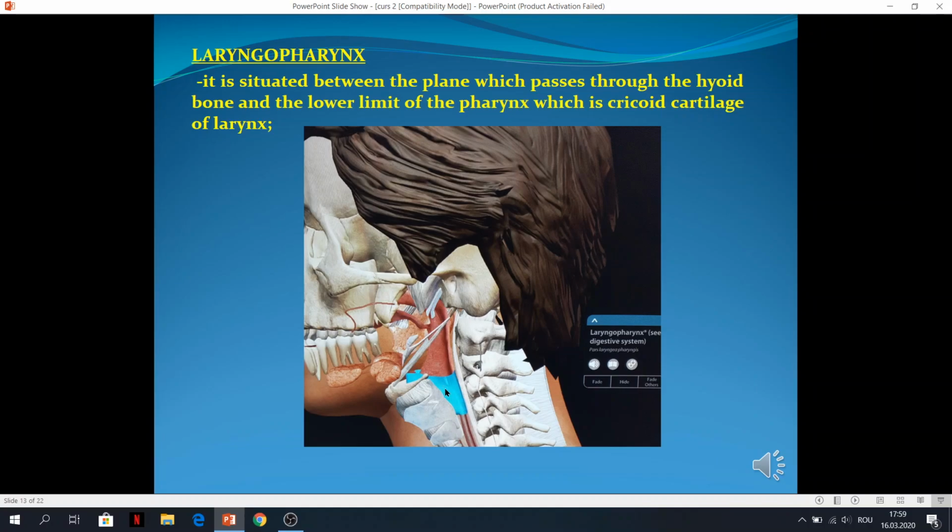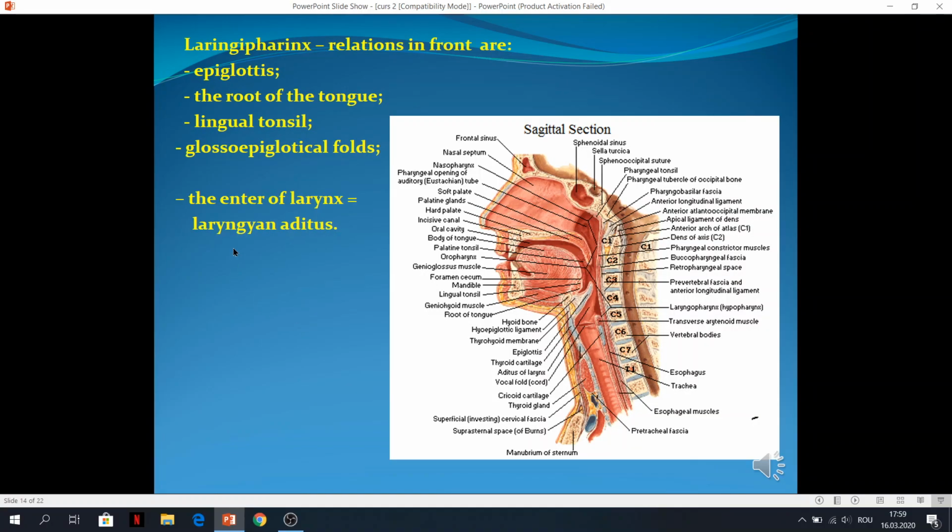So if we speak about the limits for the laryngopharynx, superior is that imaginary line which passes through the hyoid, and inferior it's another imaginary line which passes through the cricoid cartilage. This is the laryngopharynx right here. So again, naso-, oro-, and laryngopharynx.